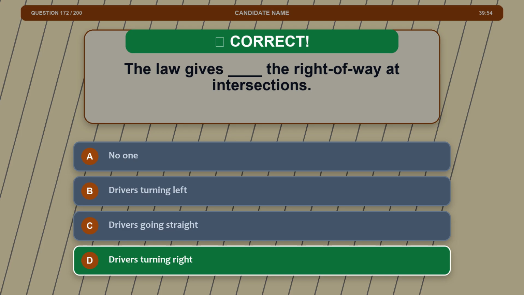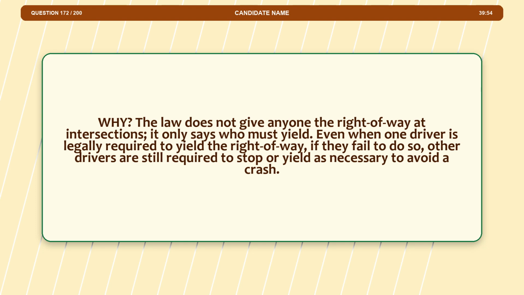The correct answer is option A, no one. Explanation. The law does not give anyone the right of way at intersections. It only says who must yield. Even when one driver is legally required to yield the right of way, if they fail to do so, other drivers are still required to stop or yield as necessary to avoid a crash.